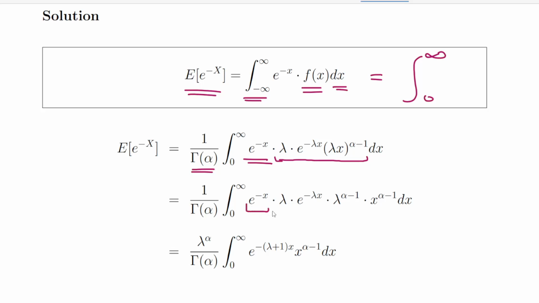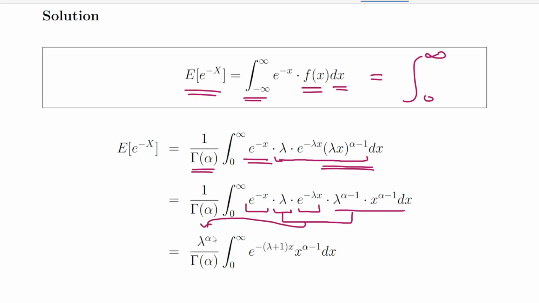So we have e to the minus x times lambda times e to the minus lambda x. So this part here can be re-expressed as lambda to the power of alpha minus 1 times x to the power of alpha minus 1. So clearly we're going to multiply lambda times lambda to the power of alpha minus 1 and bring it outside the integral again.